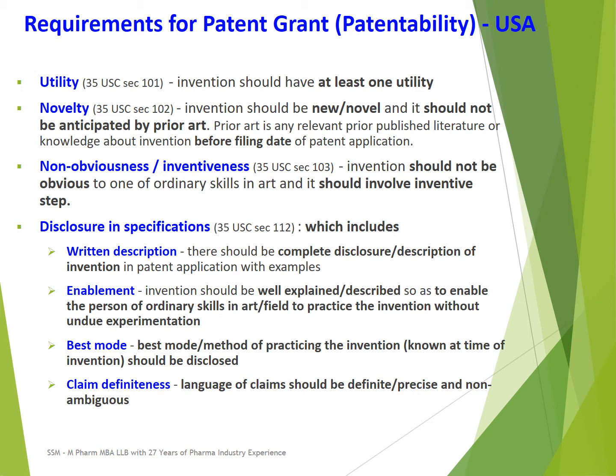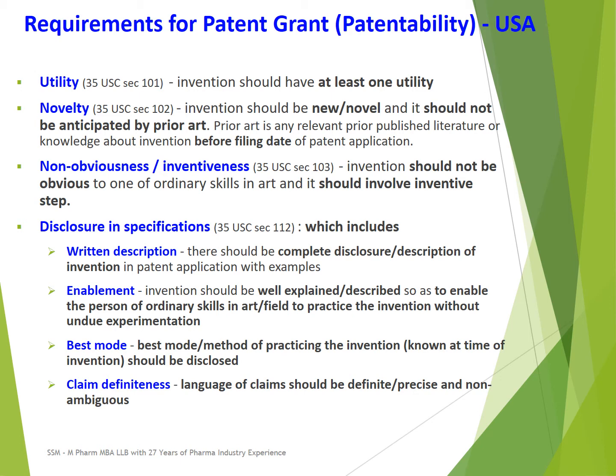Next requirement under disclosure in specification is claim definiteness. The language of claim should be precise, definite, and non-ambiguous. The language should not be ambiguous. It should be clear and precise.